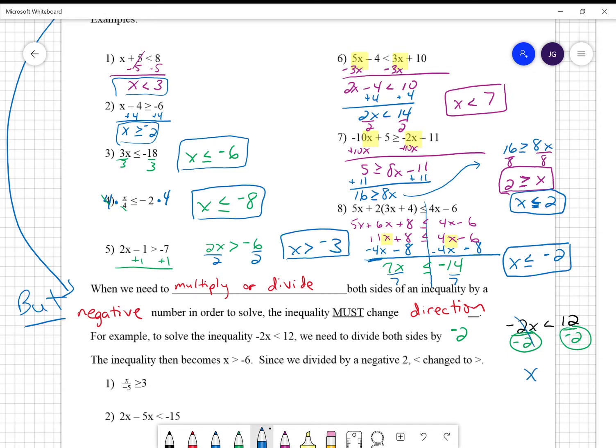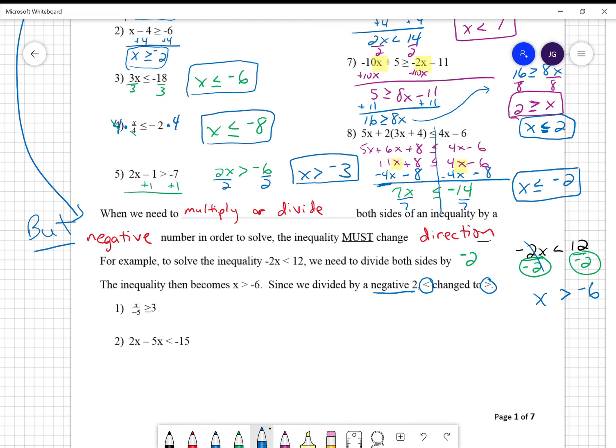I get x, and I have negative 6, but less than has to change direction to greater than. Since we divided by negative 2, is less than changed to is greater than. This is the only exception.